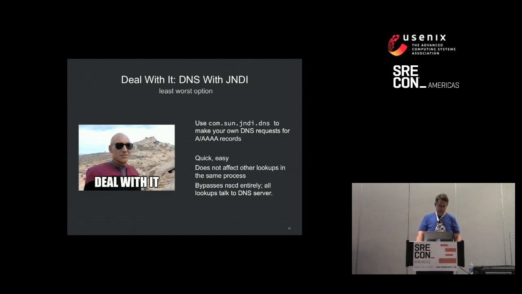The big problem with this, of course, is that you are bypassing the OS entirely. In some cases, that may be the right thing to do. The good thing is, it only affects your code. It doesn't have global impact through your process.